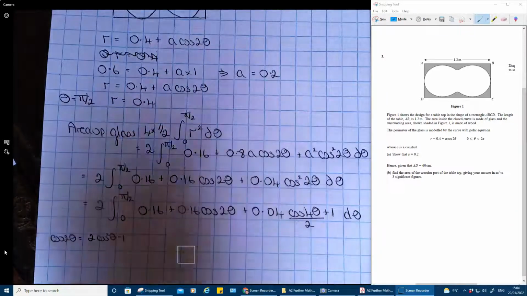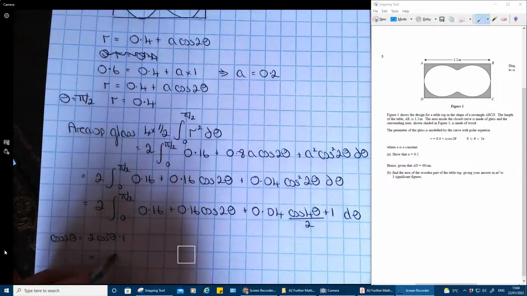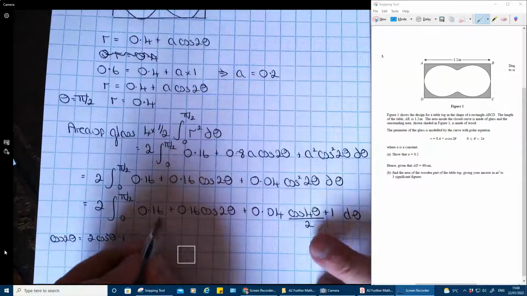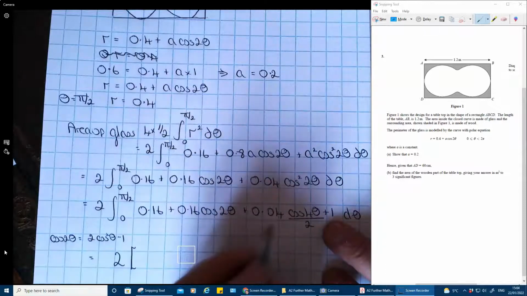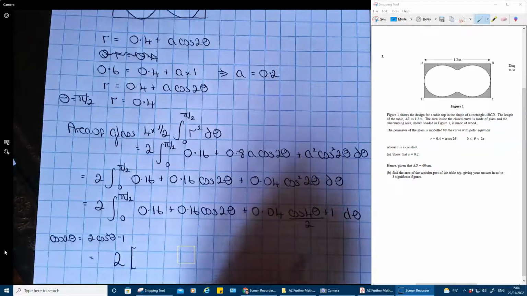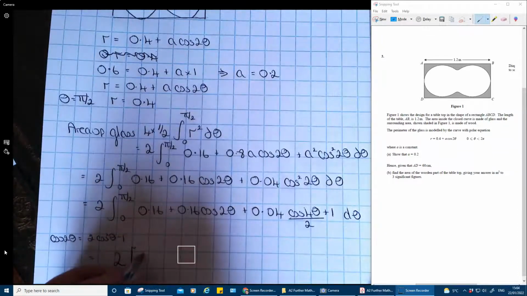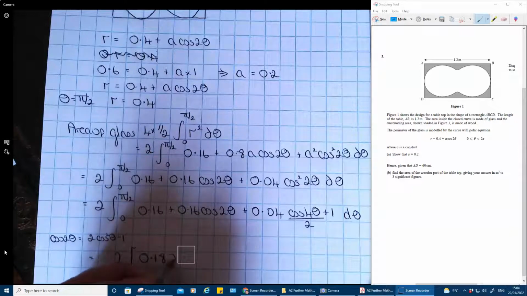Alright, so we've got 0.16 and we've got 0.04 over 2, 0.02, 0.18 altogether, 0.18 theta.